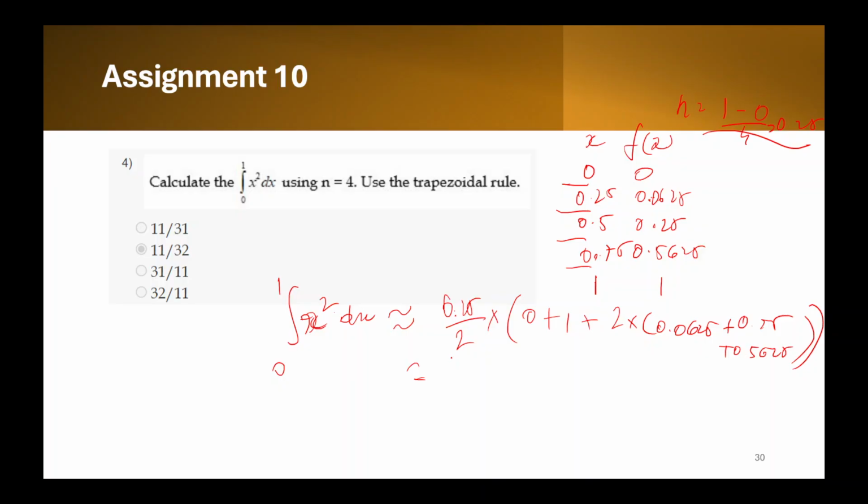I can compute it: 0.25 by 2 into (1 plus 0) plus 2 into (0.0625 plus 0.25 plus 0.5625). So 0.34375, or 11 by 32. So the second option.